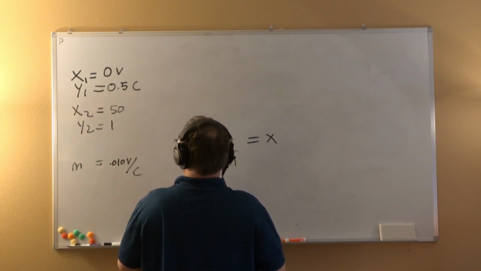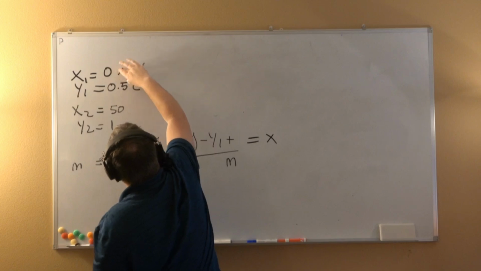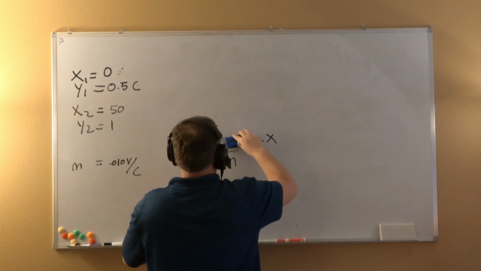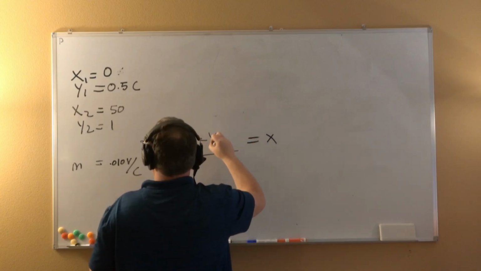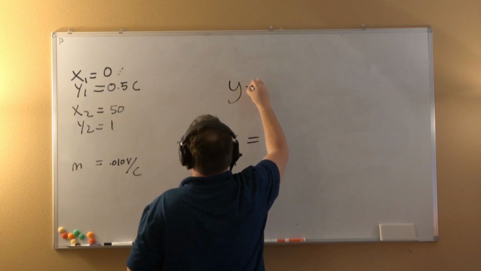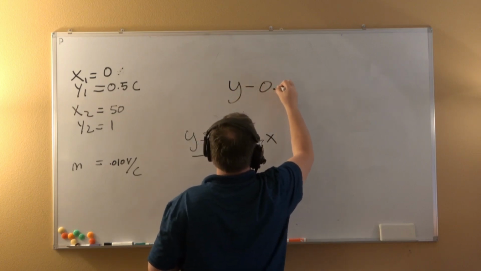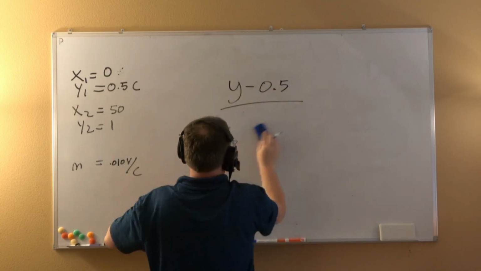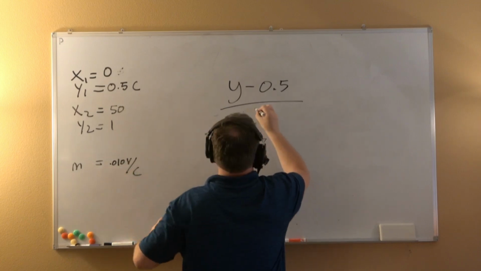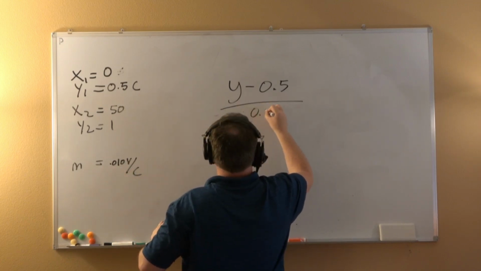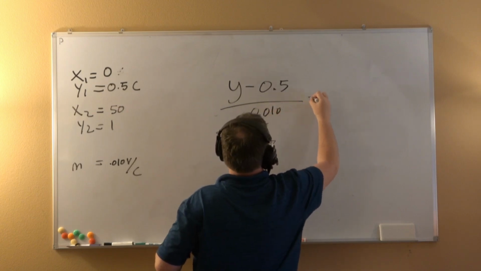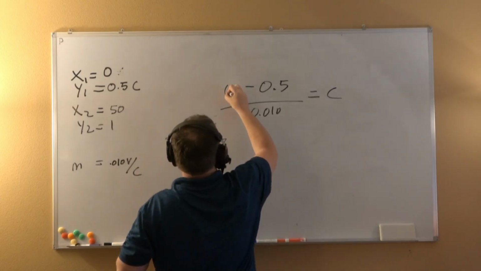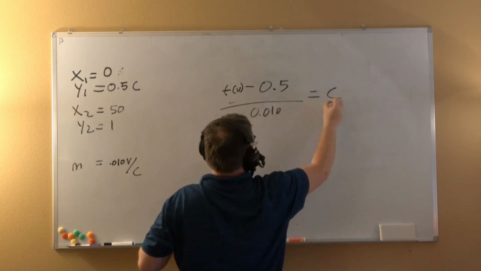Okay. So now we have Y minus Y1, so Y minus 0.5, divided by your M, which equals 0.010, equals Celsius. So our Y is volts, so the function of V equals Celsius.